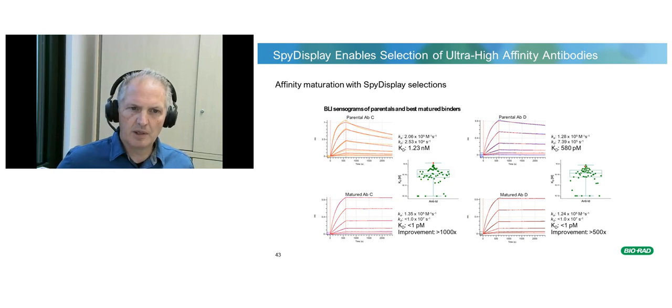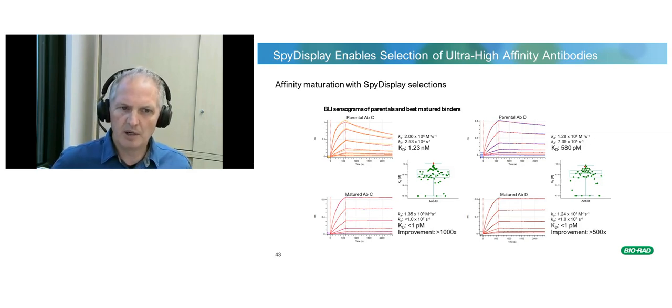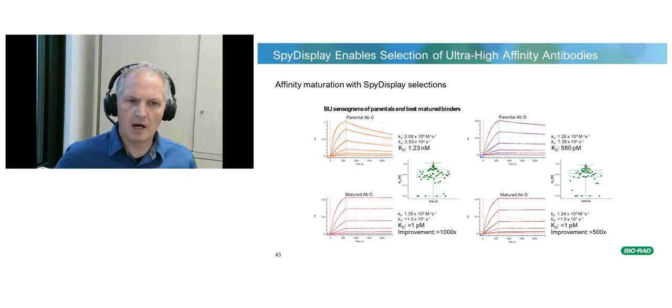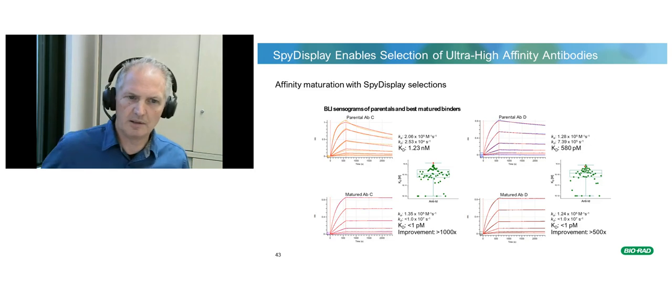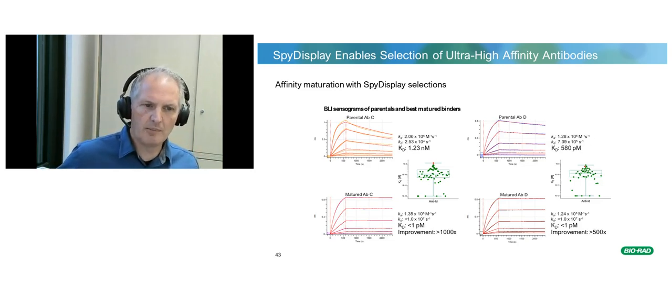What we got out of this are shown here with these green dots. In red is the parental antibodies. You can see that the affinities plotted on the y-axis is better for all the antibodies which we analyzed. And there are quite a good number of antibodies with affinities down here at the 1 picomolar level, shown here by this sensorgram measured by BLI.